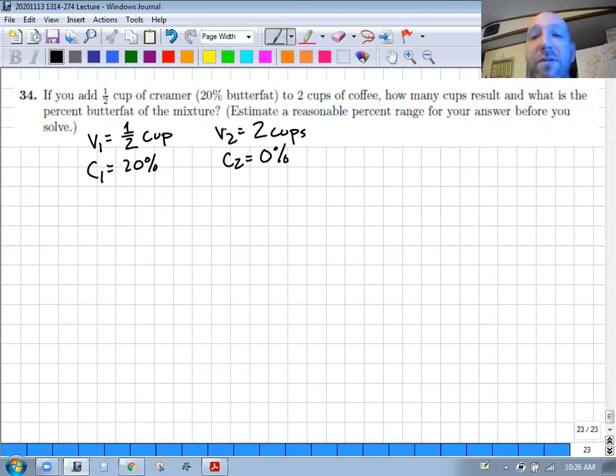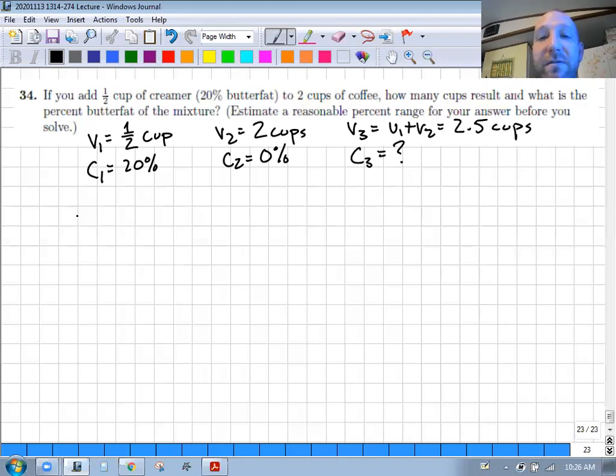So we're talking about the butterfat. The 2 cups of coffee don't have any butterfat. How many cups result? And what is the butterfat in the mixture? All right, well, V3 being V1 plus V2 is going to be 2.5 cups. So what is C3, the percent butterfat?